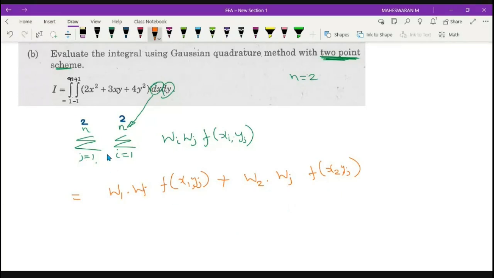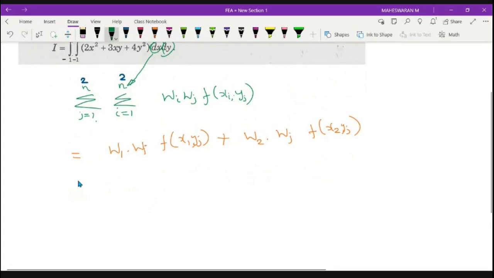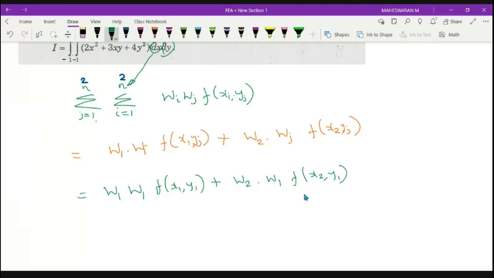Now I use j. If I use j as 1, I will get w1, this also w1, because j is now 1, f of x1 comma y1, plus w2 as it is into w1 f of x2 comma y1. This is the first term.